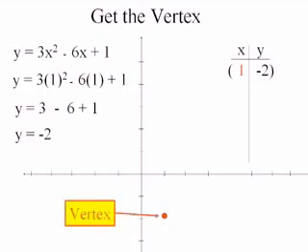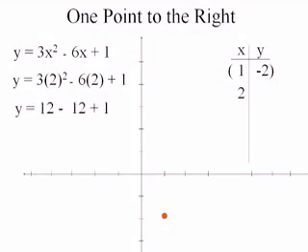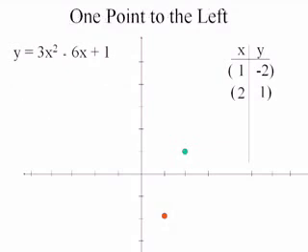Hey man, check it out. Okay? Now, I'm going to put one point to the right of that number, which in this case will be 2. Putting in a 2, I'll get a 1, the point 2, 1. And I put 1 point to the right. Now I'm going to put 1 point to the left.